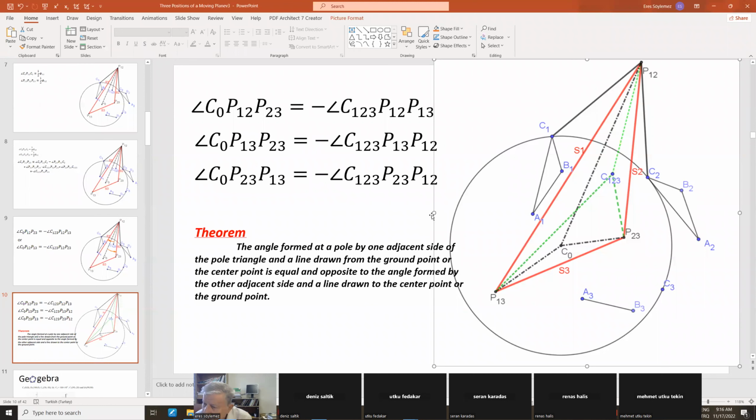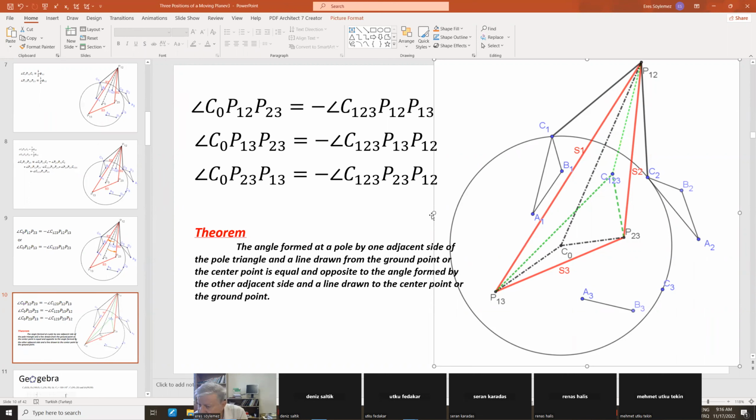Remember, in certain problems, we are free to select the circle point, and then we determine the center point. In case of three-position synthesis, once you fix the circle point, the center point is fixed. In certain problems, that is not good because the center point has to be at a specific location.